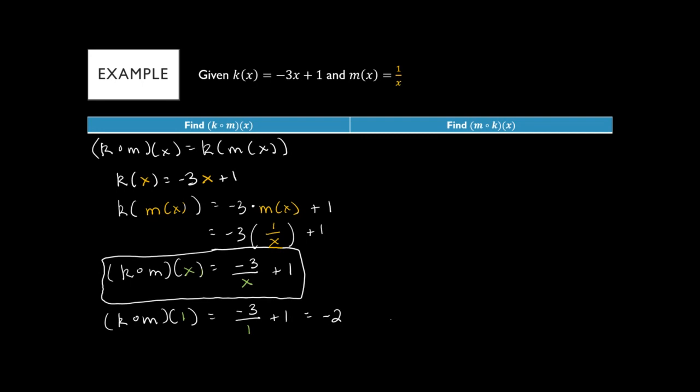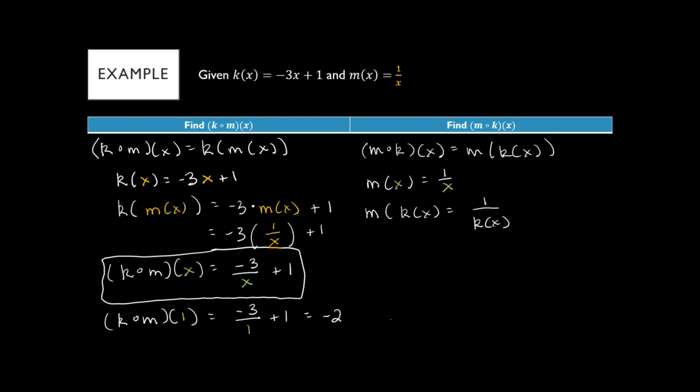And the order here does matter. So if we do the one on the right, it's M of K of X. You're putting K into M. So I start with my M of X, which is 1 over X. And I'm going to replace X with K of X. So instead of 1 over X, I'm going to have 1 over K of X. So you can see that I've replaced those.